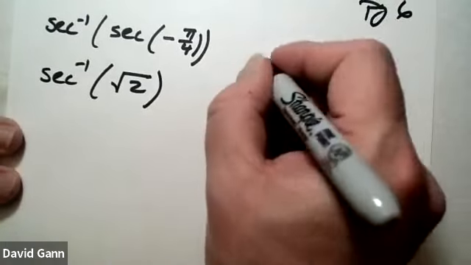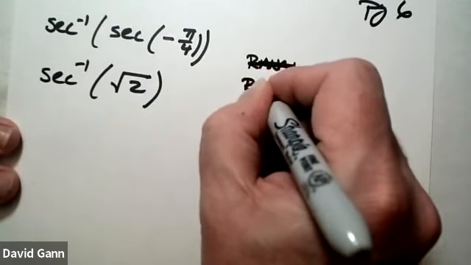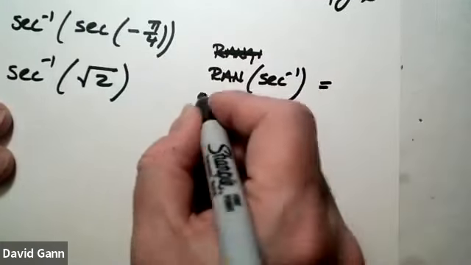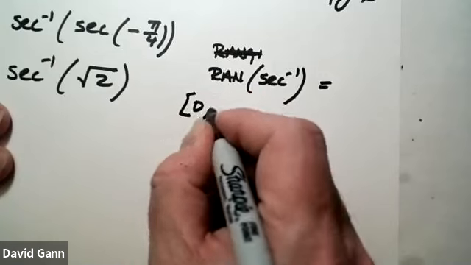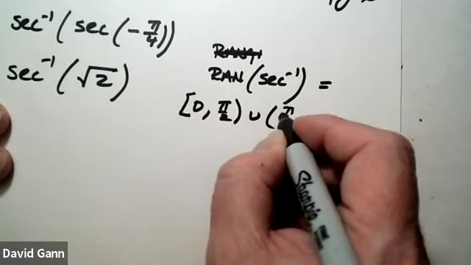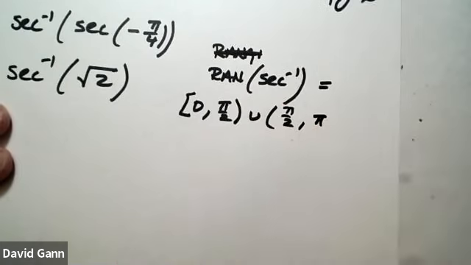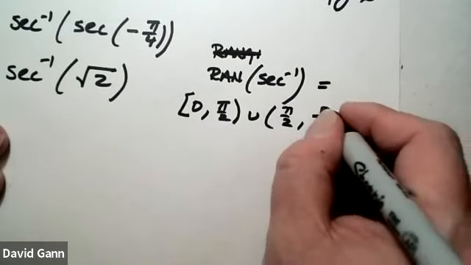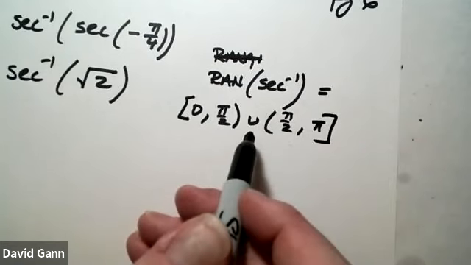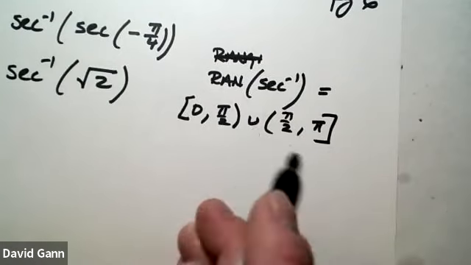So just as an aside, the range on inverse secant is the union of 0 to pi over 2, non-inclusive, together with pi over 2 to pi. Now, does that seem legitimate? Yeah, okay. So we have this hole at pi over 2, because that's actually where cosine is equal to 0. And since secant is the reciprocal of cosine, you have a problem there.